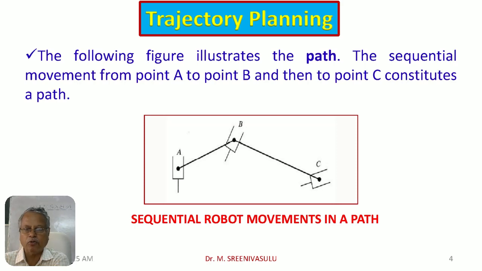We are trying to move from A to C through the point B. You can see the orientation. Say there is an end tool which has been represented by a line. How exactly is it varying? At position A, it is almost all in vertical position. When it has been moved to B, it has been made inclined, and when it has been further moved to C, the inclination was further increased. So this is how the orientation matters a lot.